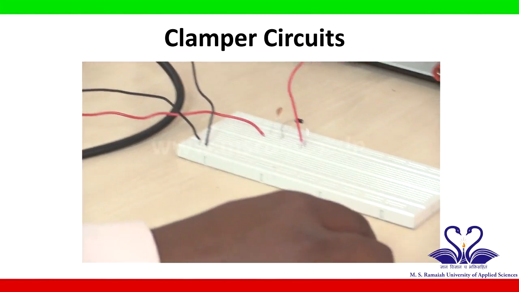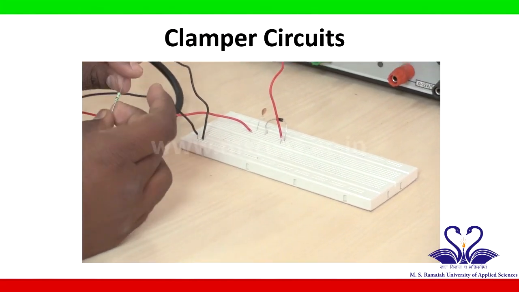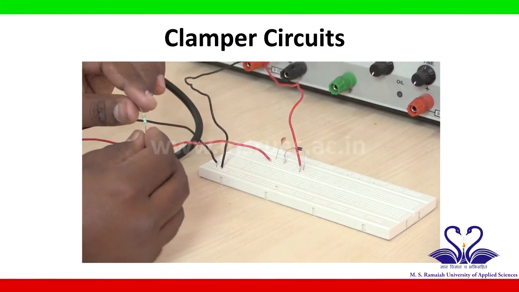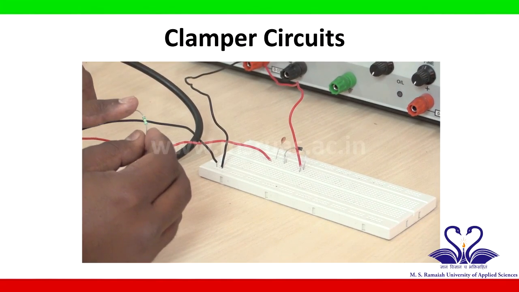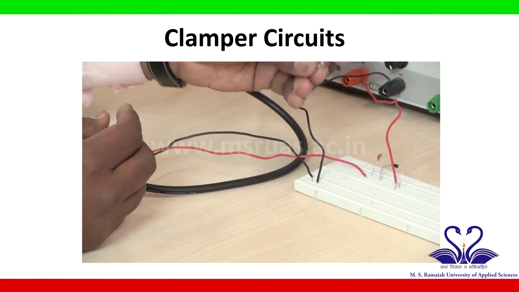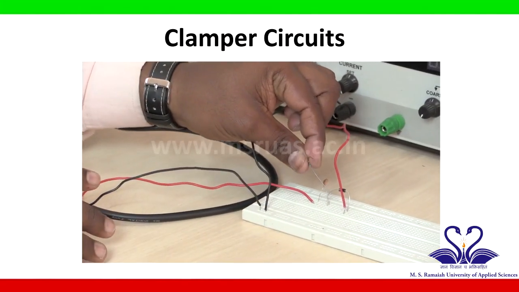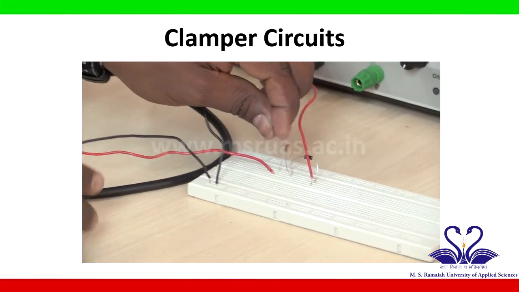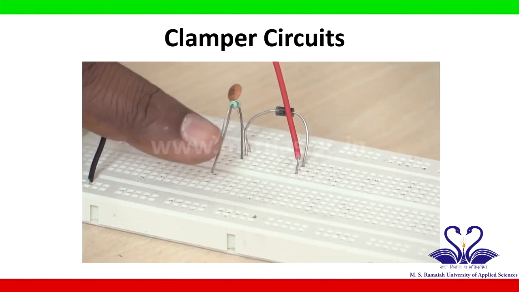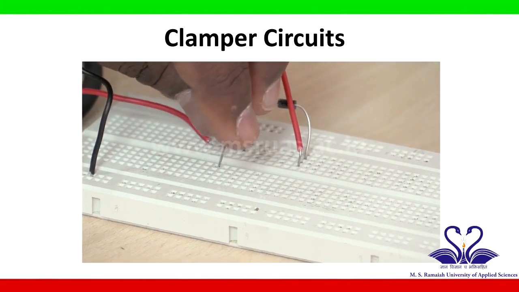Next, a 200 kilo ohm resistor is connected in the circuit. One end of the resistor is connected to the N terminal of the diode. So I will take a resistor, and this point is the N terminal of the diode. I will connect it to the N terminal of the diode, and the other end of the resistor is connected to the ground.